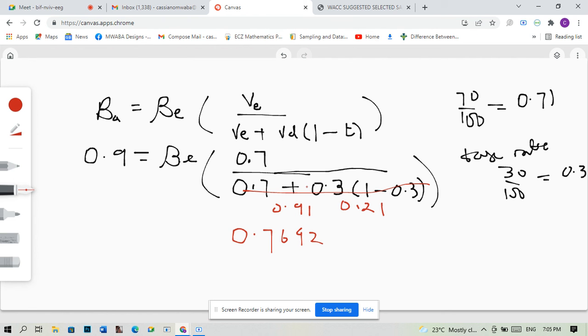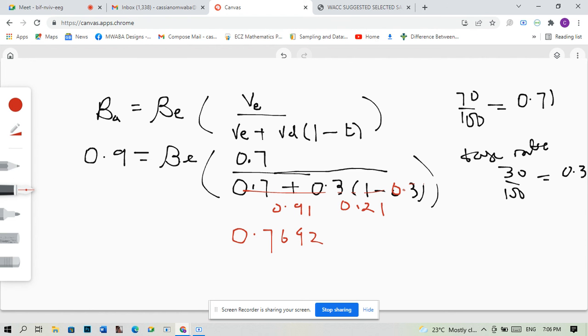I'm multiplying this 0.3 times what's in this bracket here, this one here. Have you got 0.21? Yes.